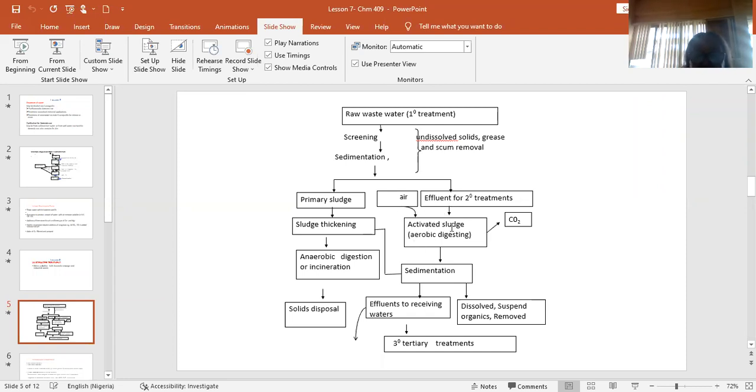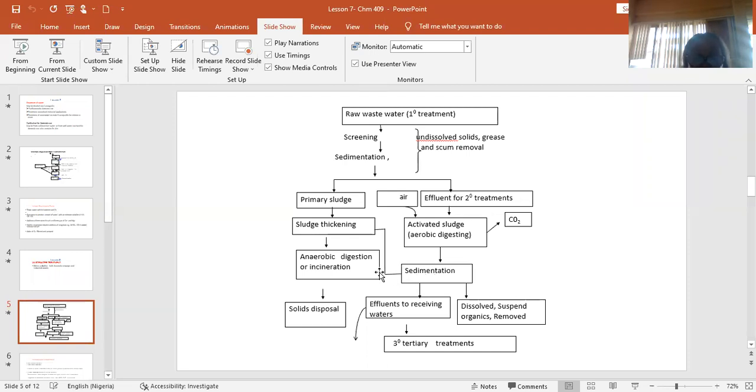All right. After the microorganisms have biodegraded, that's the science word, biodegraded the pollutants, we also have to take it to another sedimentation tank. In the sedimentation tank, again, you have the sludge at the bottom and clear water at the top.